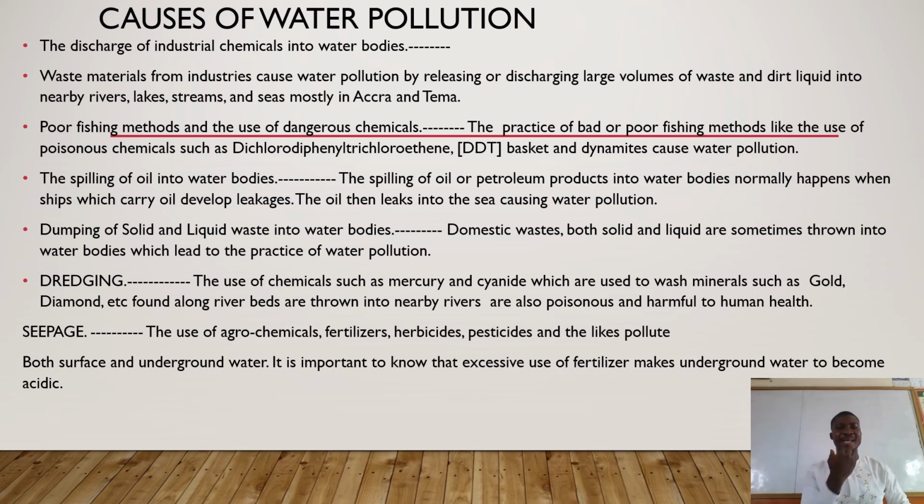Nowadays we use fertilizers in planting, so that we can have a good harvest.